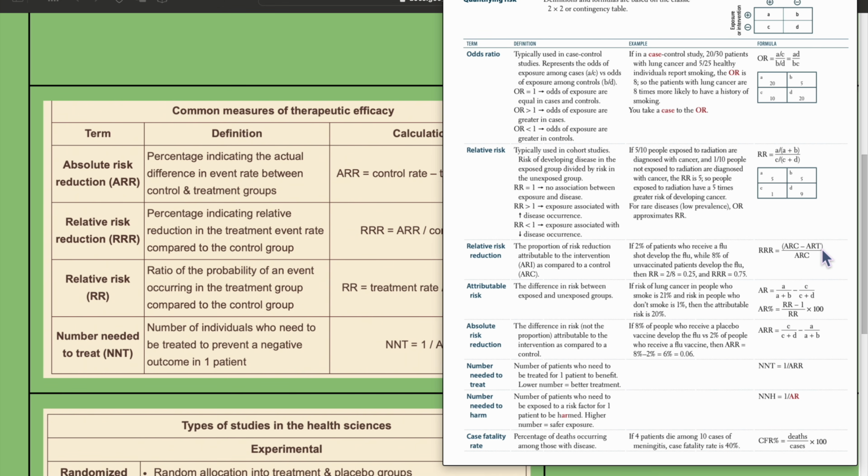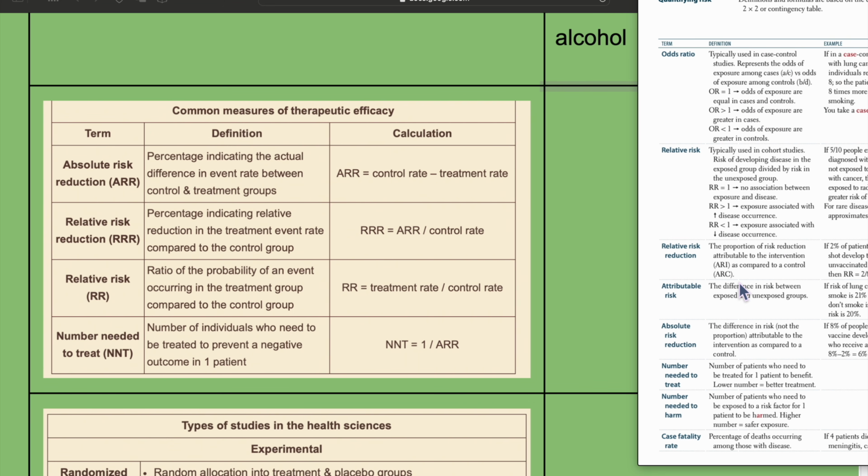The control minus treatment divided by control, or ARR, which is also control minus the treatment group, right? Divided by that. Cool. Moving on. Spent too much time on that.